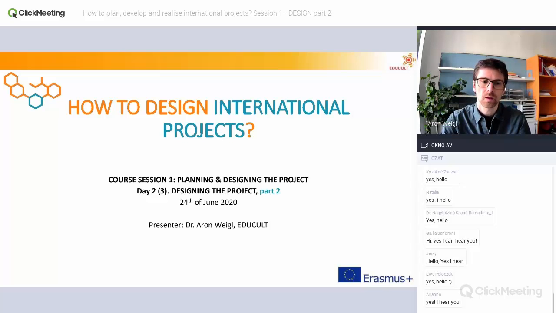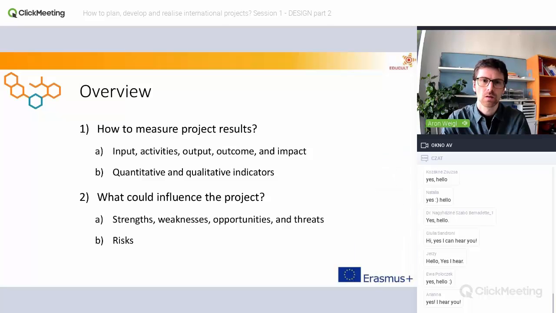I will just give a short overview on what is happening. As I said before, I will continue on what Luca said. So we will talk about outcome, impact, output, but also about input and activities and what is all that. And then to think about how we can measure our results.